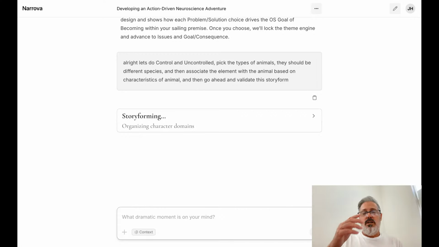So even though it had that thing wrong, becoming, with the other three that were in the right spot, as a developer I'm frustrated, thinking, wait a second, why didn't it do that right? But as a writer, it really doesn't matter, because if I latched onto the becoming, which is actually what I did, I reset the narrative to the thing I felt more interested in, not the story form.